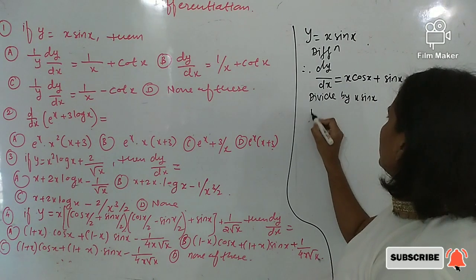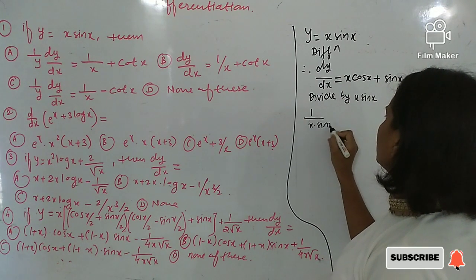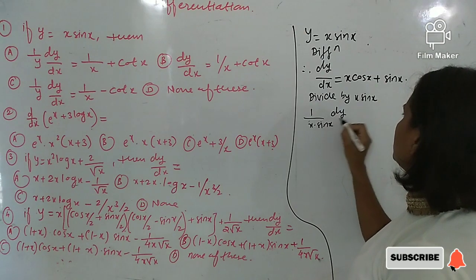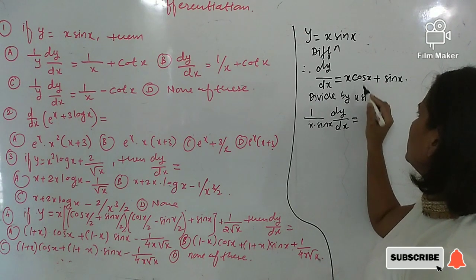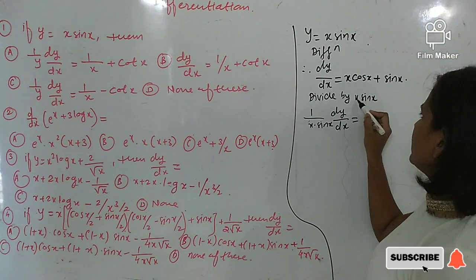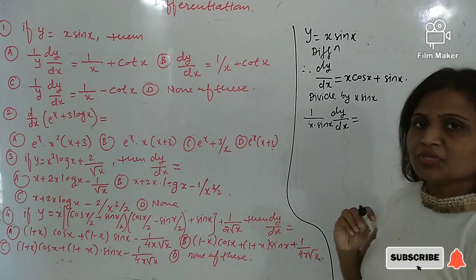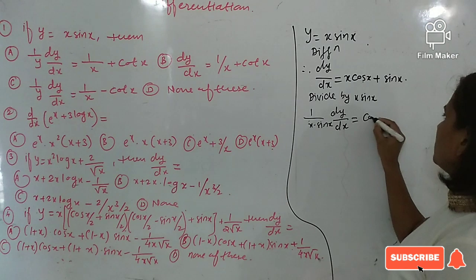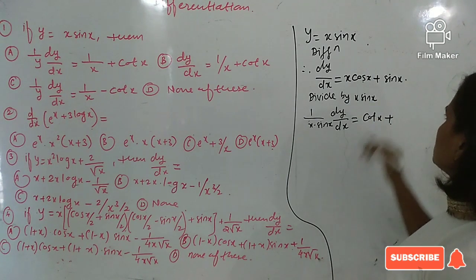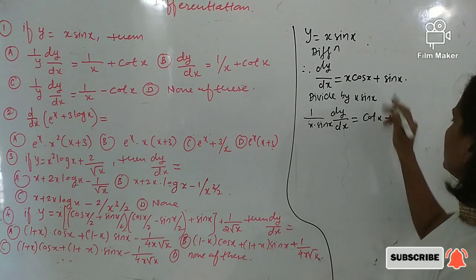So dy by dx divided by x sin x is x cos x divided by x sin x; x gets cancelled. Cos x divided by sin x is cot x, plus sin x gets cancelled, leaving 1 upon x.